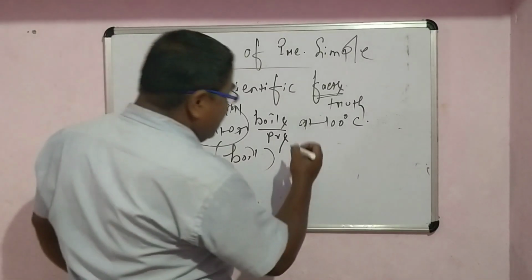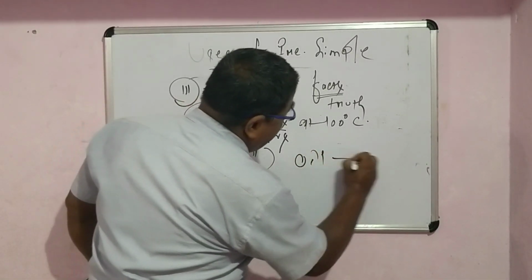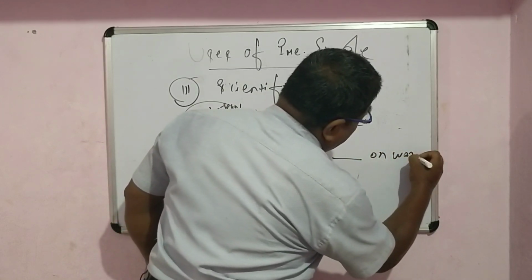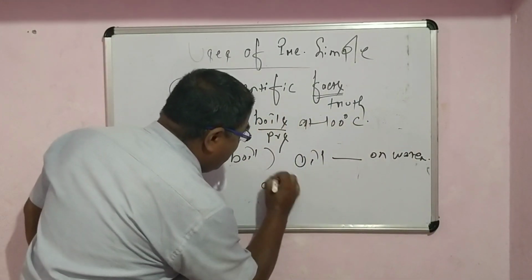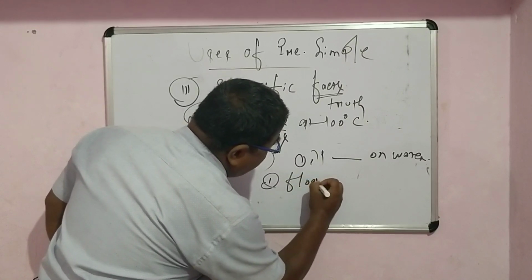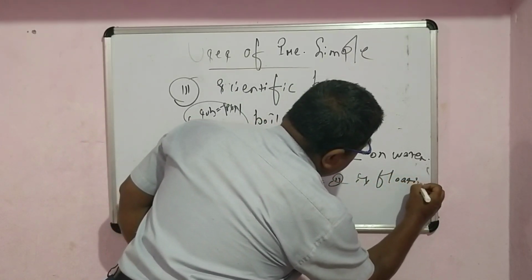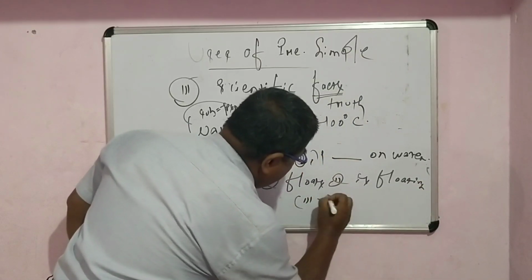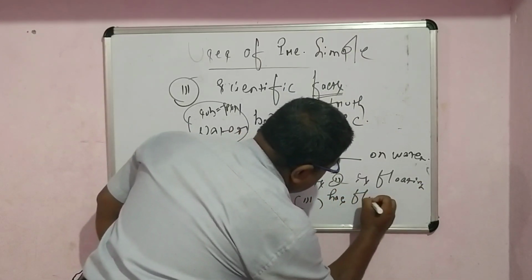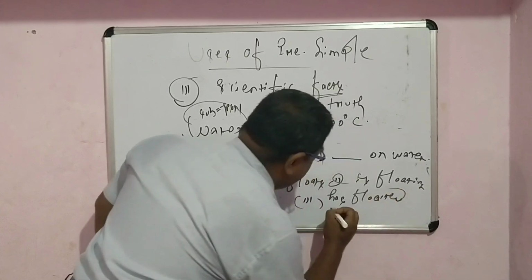Another scientific fact is that oil, gas and water. Oil, gas and water. Similarly, you have 4 choices: number 1 floats, number 2 floating, number 3 has floated, and number 4 floated.